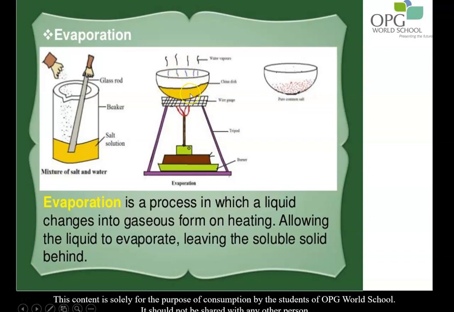You must have seen this phenomenon in the areas where salt is collected near the seabeds. They keep the sea water in shallow beds and allow the water to evaporate. After a few days, the salt will come out as water evaporates. So by evaporation, we can get back the soluble solid from water.